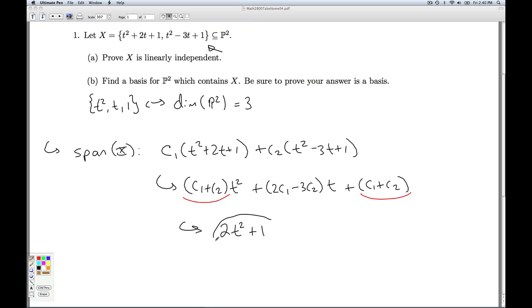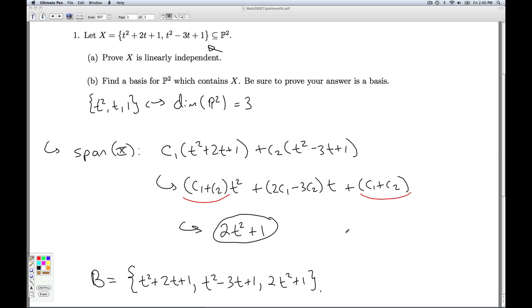So here's one that I claim will work. The basis B I claim is t squared plus 2t plus 1, t squared minus 3t plus 1, and 2t squared plus 1. Now how do I know this is going to be a basis? Well, I've just shown that this is not in the span of these two.